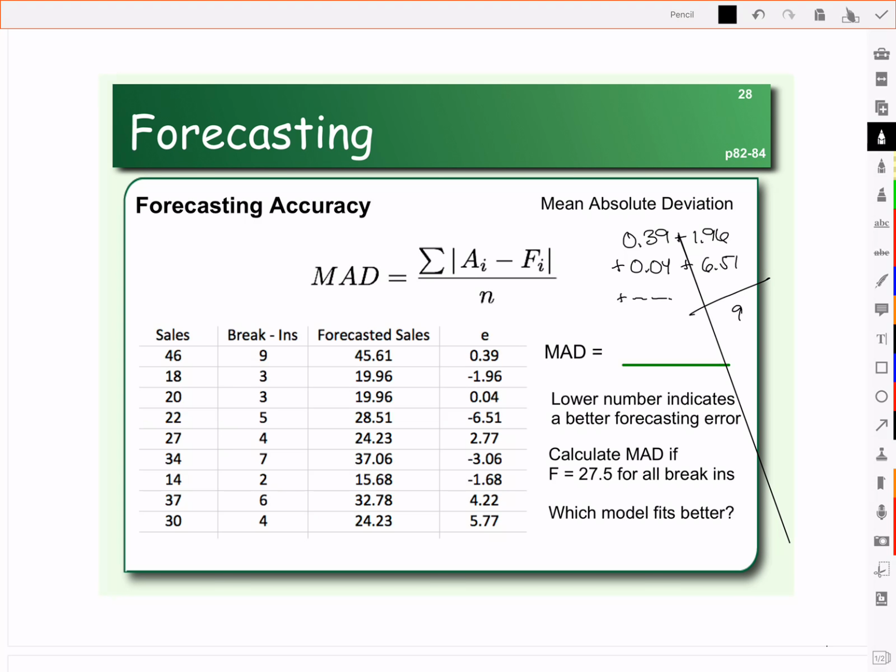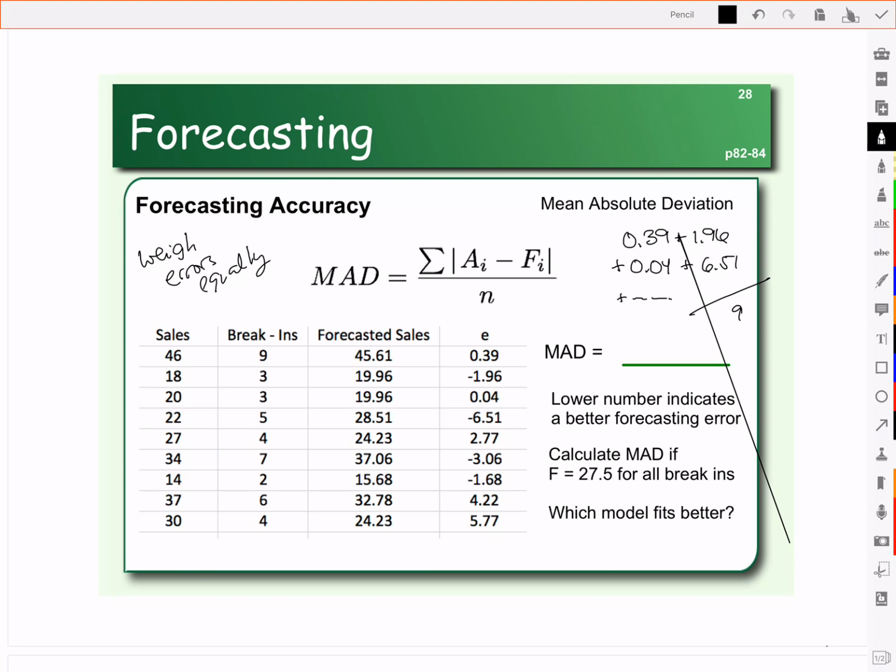A lower number indicates a better forecasting error. With MAD, we're going to weigh the errors equally. So a 0.39, a 1.96, we're adding those up, we're treating those as the numbers are. So everything essentially has an equal weight.